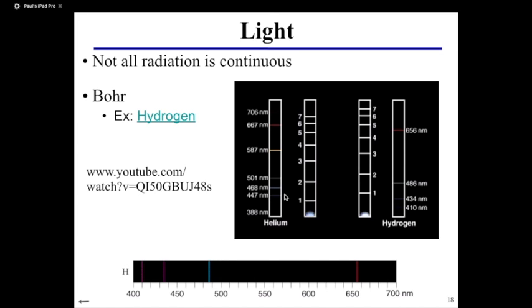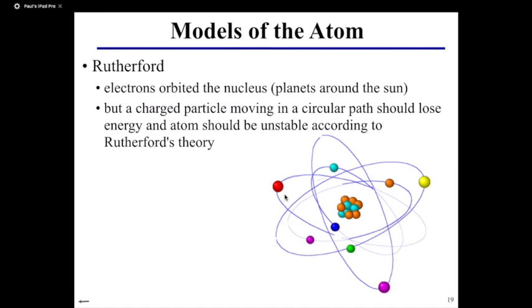Where are they located? Rutherford originally had the center nucleus and then all of these electrons buzzing around. But what he really thought about in his mind was that the electrons were orbiting the nucleus like the planets orbit the sun. Now, mathematically, that doesn't work.